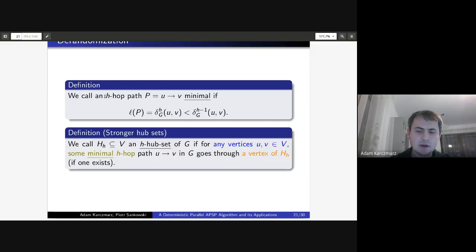So the stronger H-hop set does not only hit H-hop shortest paths, but also shortest H-hop constrained paths, unless they are no better than paths with even fewer hops. Then we do not care about hitting them. The parallel APSP algorithm that we showed also works with this definition of a hub set, and all the proofs go through without a change.